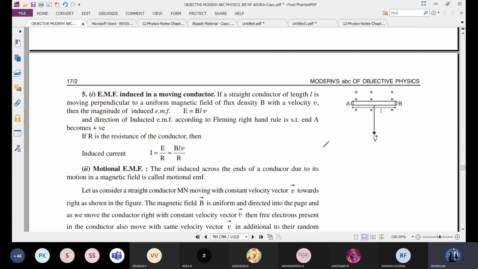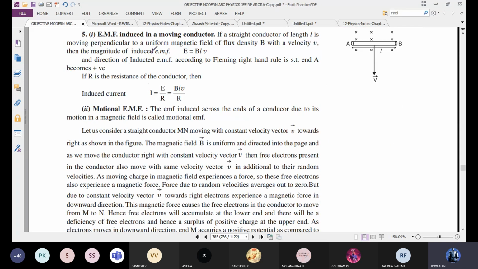After that, the EMF induced in a moving conductor is equal to BLV. For induced EMF in a moving conductor, if they are asking induced current, I is equal to E by R. E is the EMF value BLV.